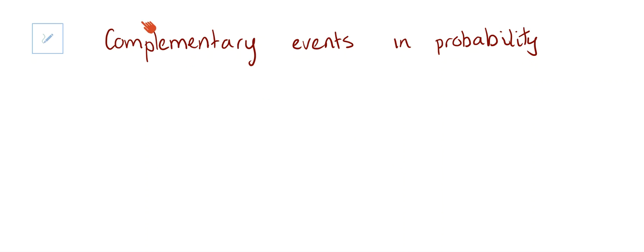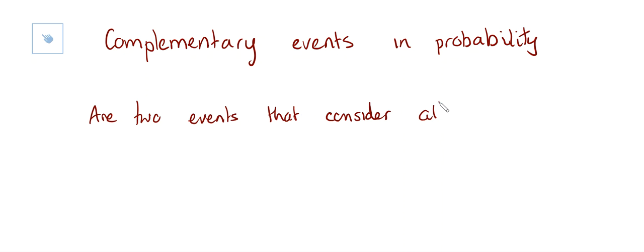Ready? Good. Just to finish this off, gentlemen, we haven't got too long left. We haven't got time to do what I want to do. But, to finish this off, a complementary event. So, complementary events are two events that consider all possible outcomes.